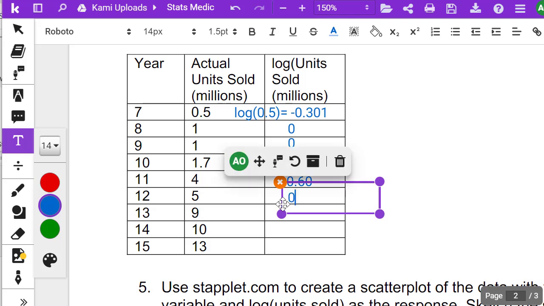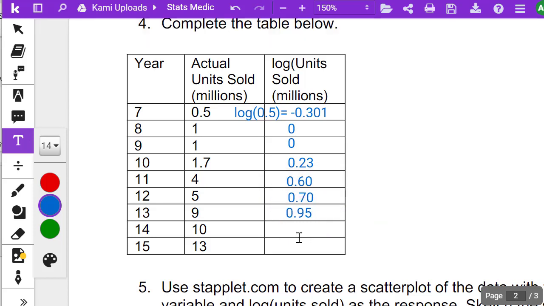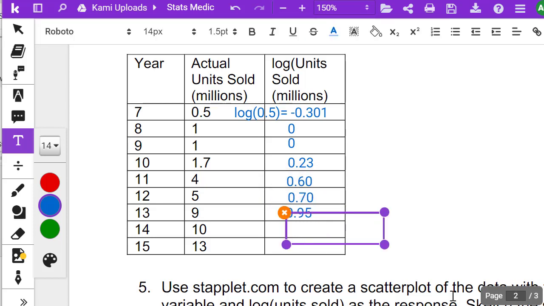And then log of 5 is 0.70. Log of 9 is 0.95. Log of 10 is 1 because 10 to the 1 is 10, right? And you're going backwards on log base 10. Log of 13 is 1.11.